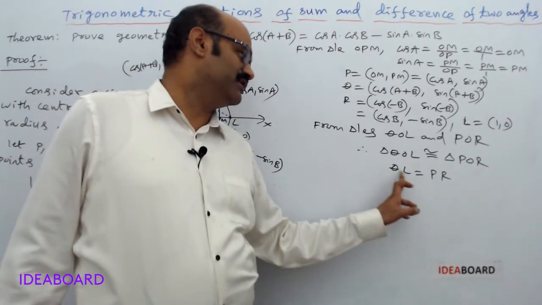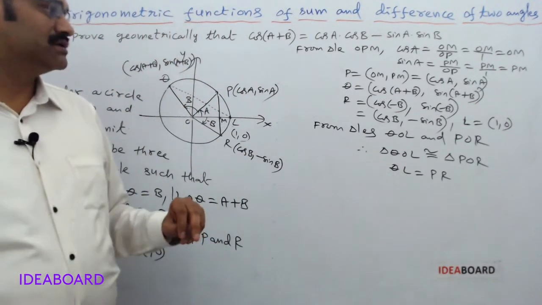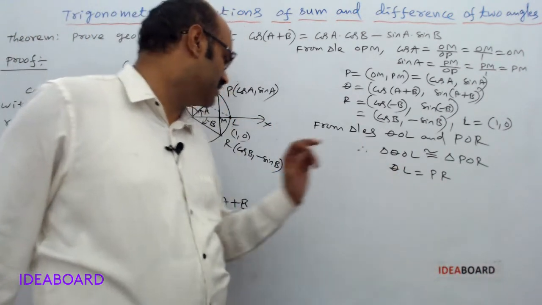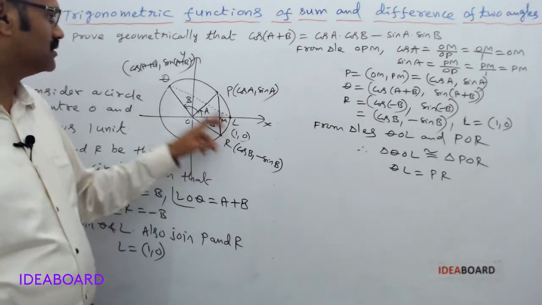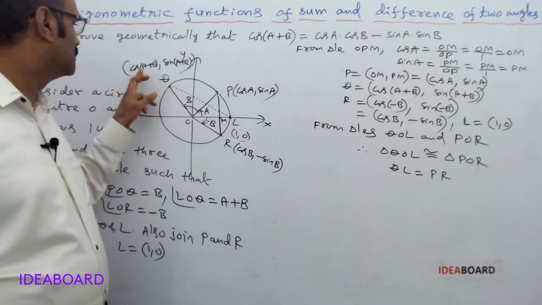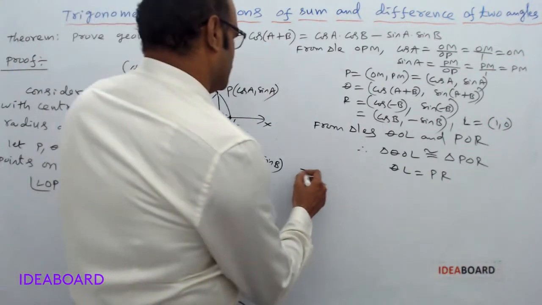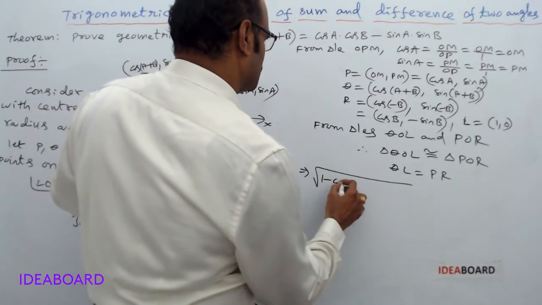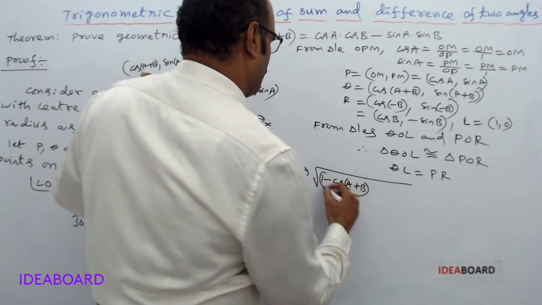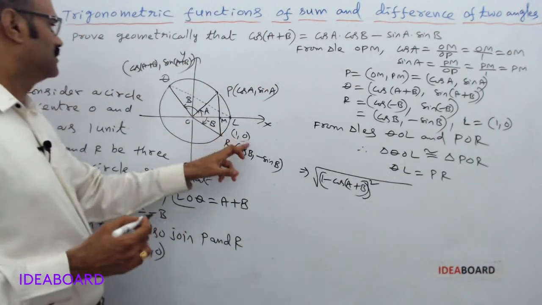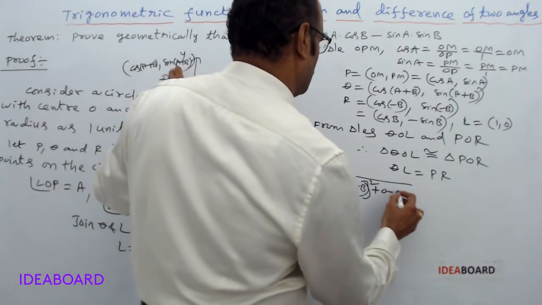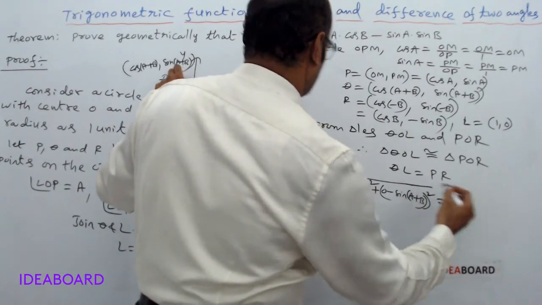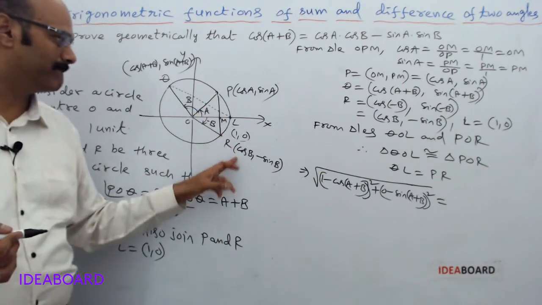We know that the distance between two points equals the square root of (x2 minus x1) whole square plus (y2 minus y1) whole square. Here QL equals the square root of (1 minus cos of A plus B) whole square plus (0 minus sin of A plus B) whole square, which equals PR.